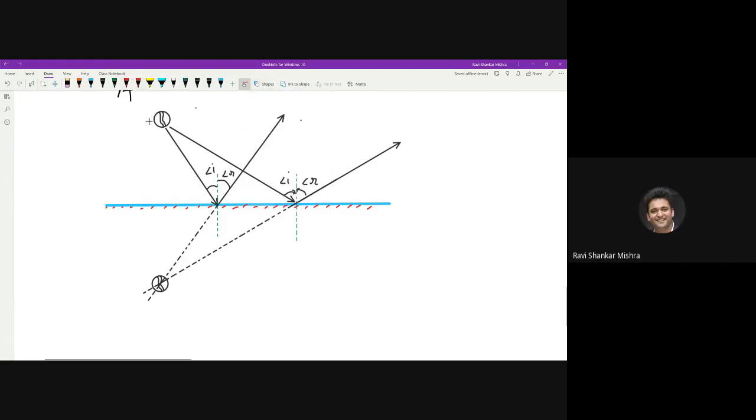Now, few more important points. The distance of the object from the mirror will be equal to the distance of the image from the mirror.